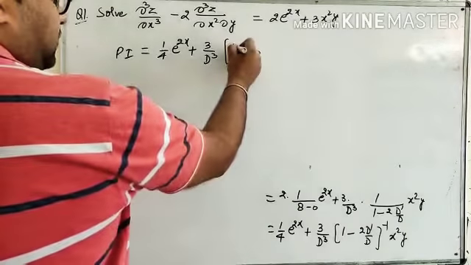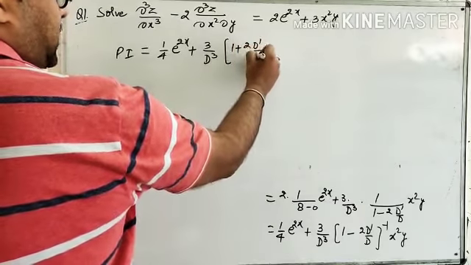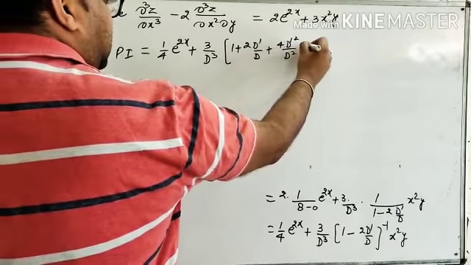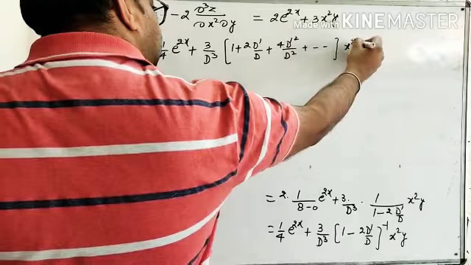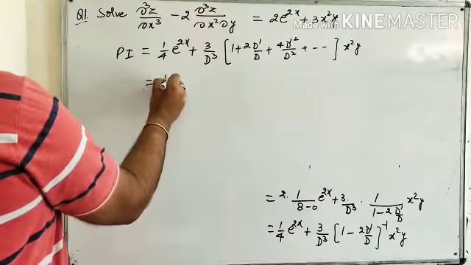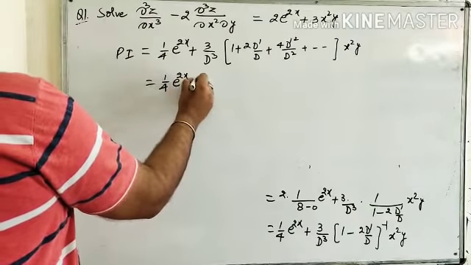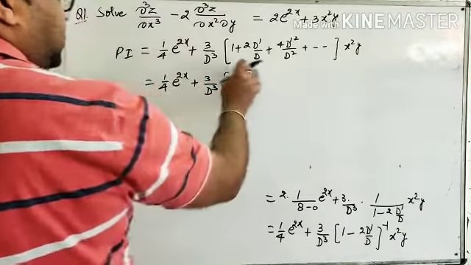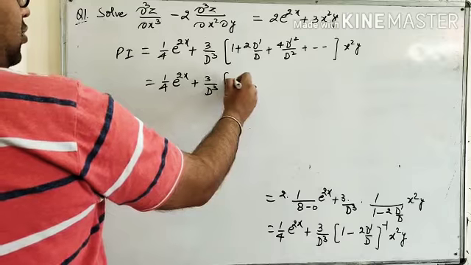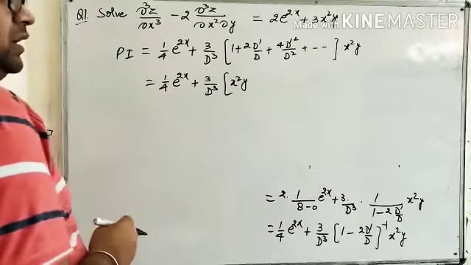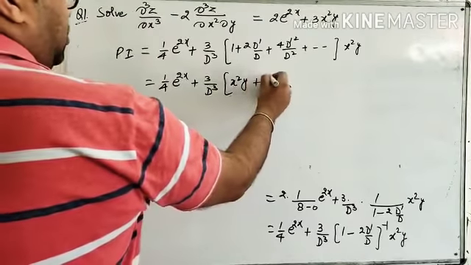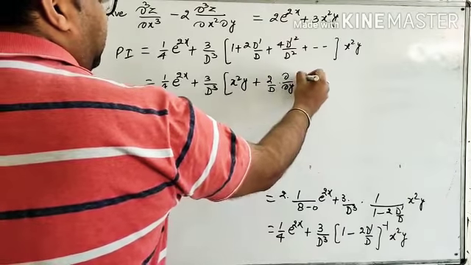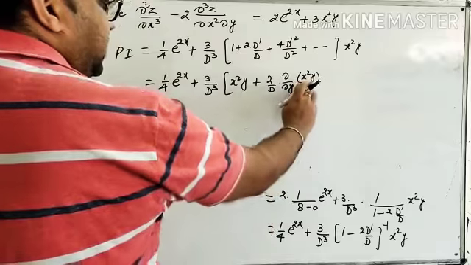So for this: 1 plus 2D' over D plus 4D' square upon D square and so on, x square y. Now take this x square y inside the bracket. On multiplying with 1 we get x square y, 2 upon D and D' means del over del y of x square y.